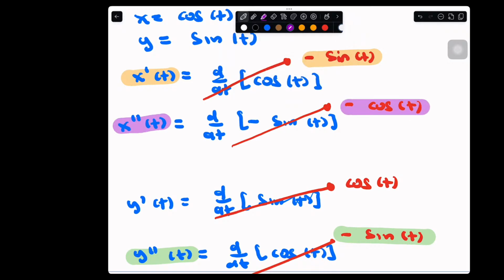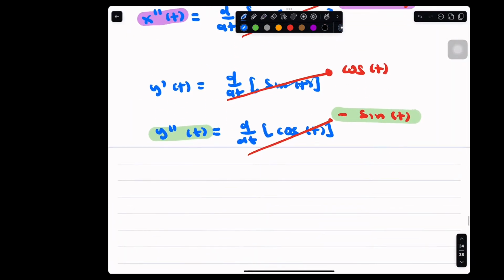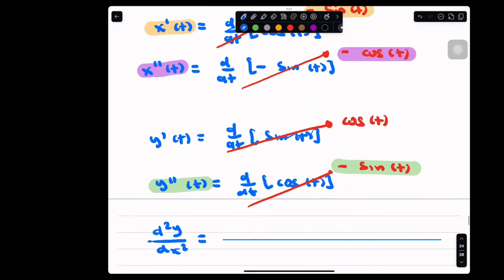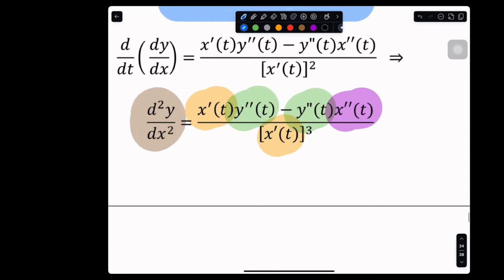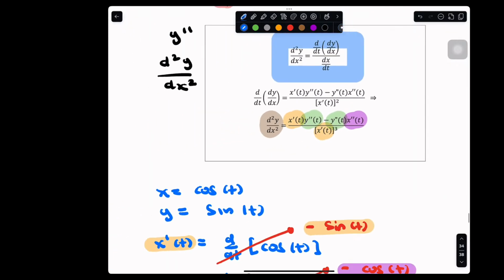I guess I'll write it as d squared y dx squared. Now let's remember that it's x prime of t cubed in the denominator.